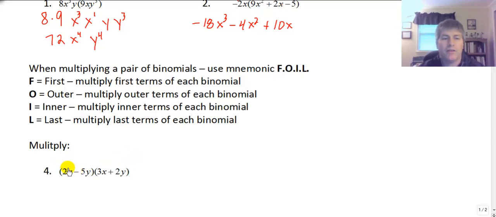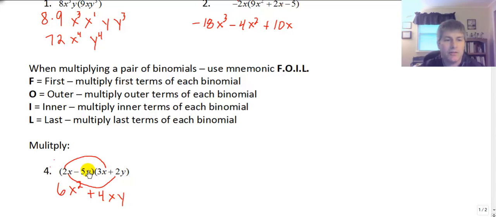So FOIL tells us to multiply 2x times 3x, and we get 6x squared. Then the outer terms, 2x times 2y, plus 4xy.